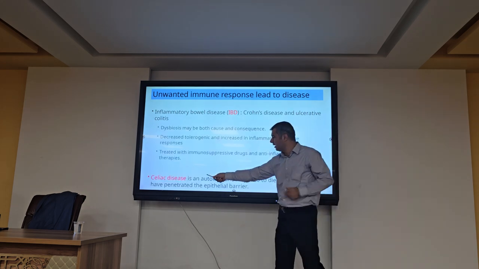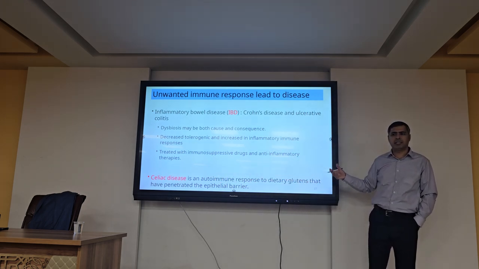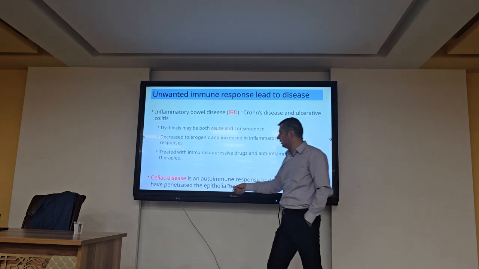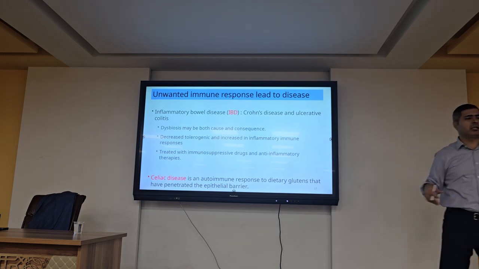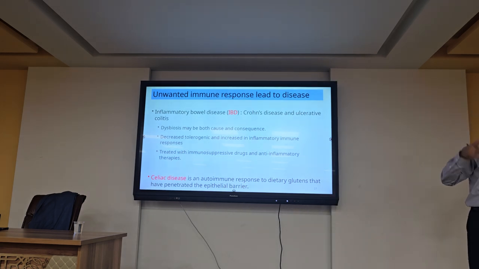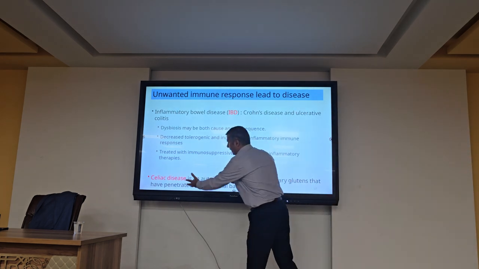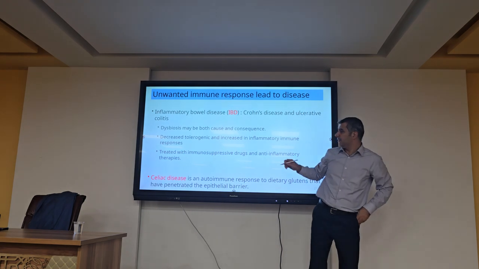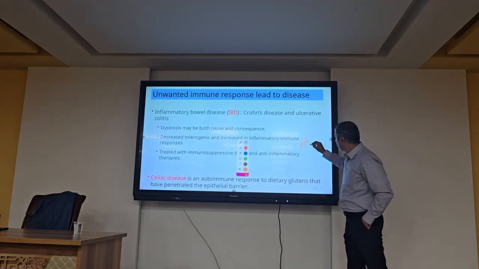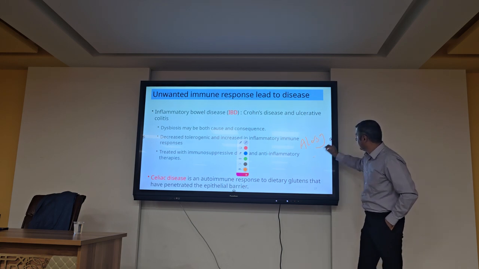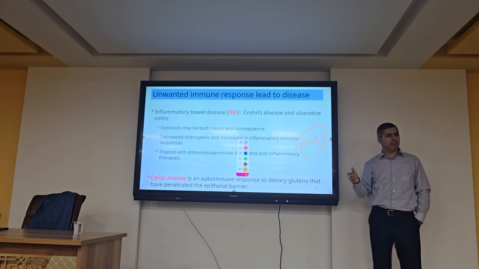And whenever we have an unwanted immune response against gluten, an antigen of the food, we have a disease called celiac disease. Both are similar to autoimmune disease: an unwanted immune response against normal flora and food antigens. And sometimes we will have allergic reactions against food antigens, which is again an unwanted immune response.